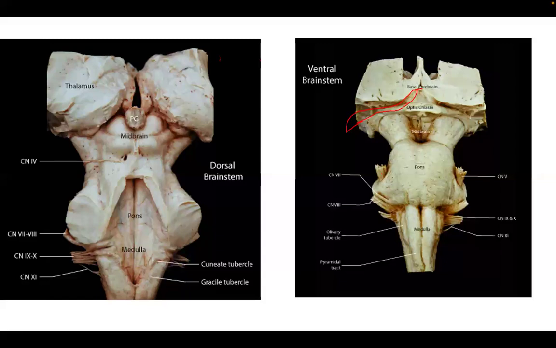It has medial and lateral fibers, which are important also in the vestibular apparatus, balance, and vision. It also has the MLF, the medial longitudinal fasciculus. That's very, very important for vision.